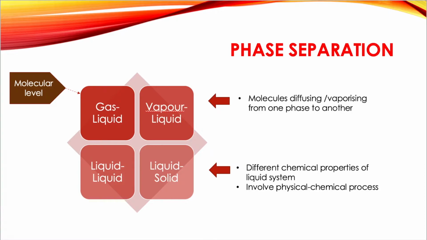So molecules are diffusing or vaporizing from one phase to another, or the different chemical properties of the liquid system will help in terms of the separation process between the different phases, and it also involves physical and chemical processes.